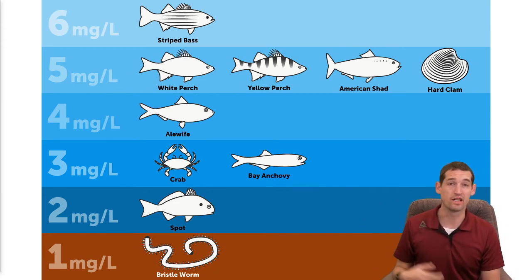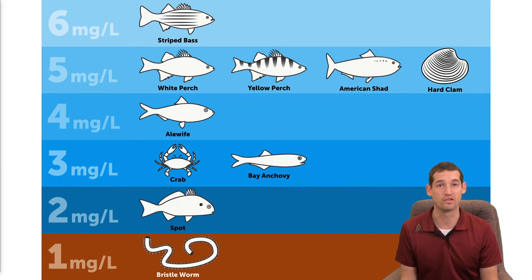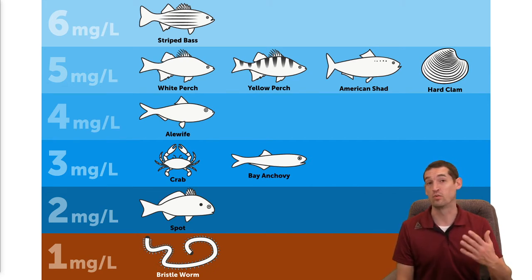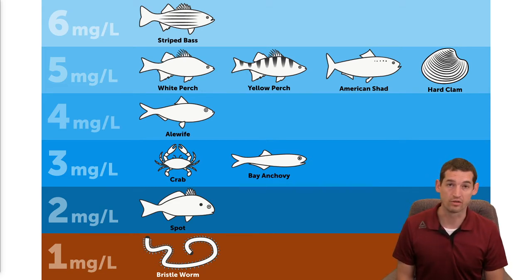And so maybe they're dying not because of some toxin, but maybe just because there's not enough oxygen in that body of water. So without doing actual measurements or tests on the water, we can use this just to do some observations to determine whether we think the oxygen content of the water is dropping or whether things are going pretty well.